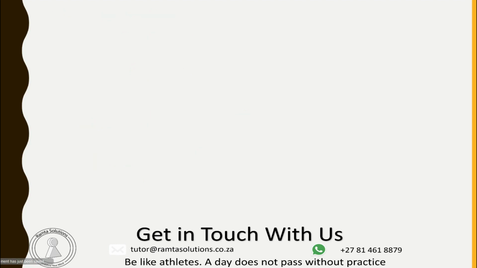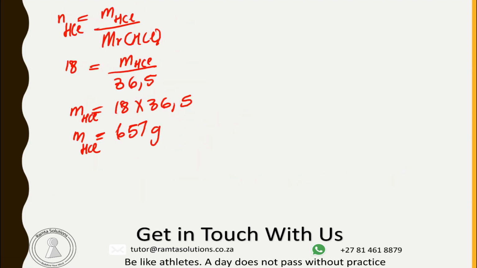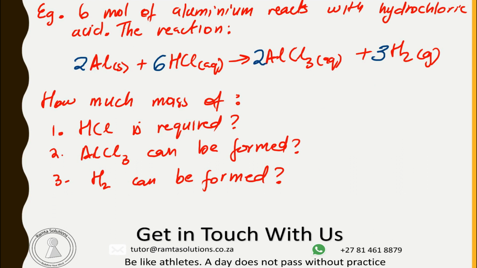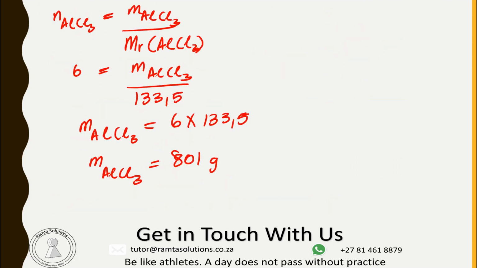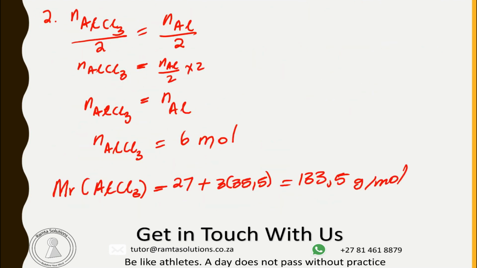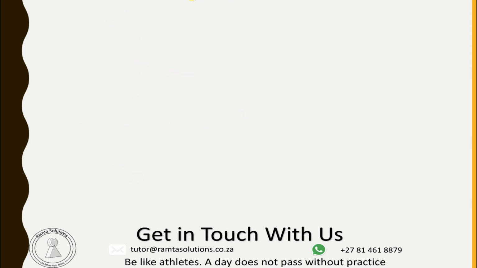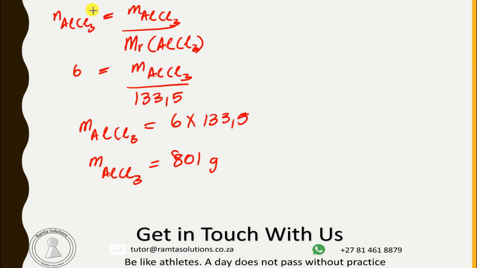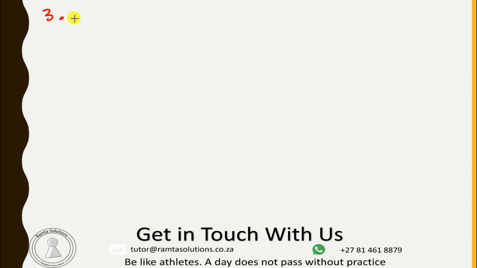Finally, we're going to look at hydrogen. Let's see its coefficient. It was 3. It says the mass of hydrogen that can be formed. I don't know why I have to say this, but it's okay. I'll just continue with it. So number of moles of hydrogen gas over its coefficient, which was 3, is equal to number of moles of aluminum over its coefficient, which is 2.